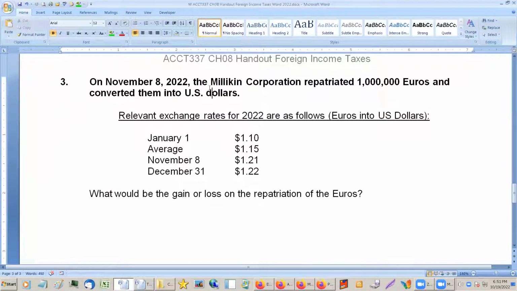Okay, let's go here. The Milliken Corporation repatriated €1,000,000 and converted them to US dollars. What would be the gain or loss on the repatriation of the euros?